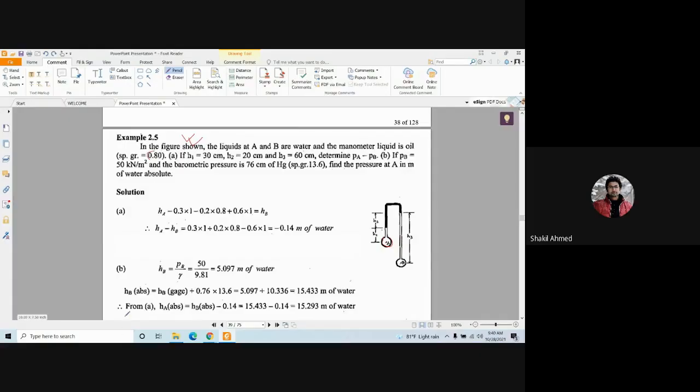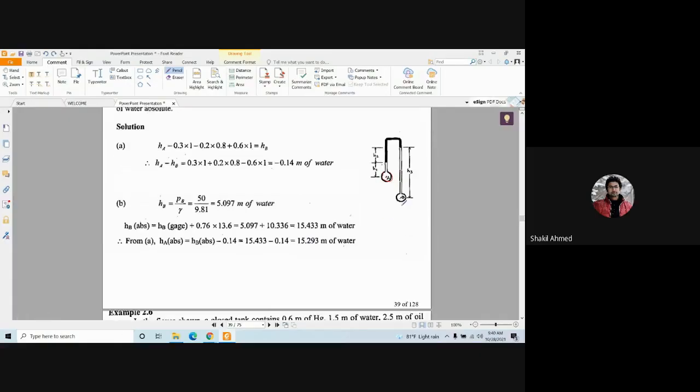Now, same formula or method: HA. Then we are going upward, positive or negative? Negative. Negative H1 multiplied by S1. You are here, you have to go all the way up to this. This is H2. You have gone upward, so negative H2 multiplied by S2.